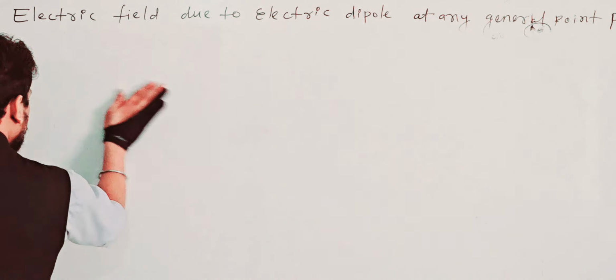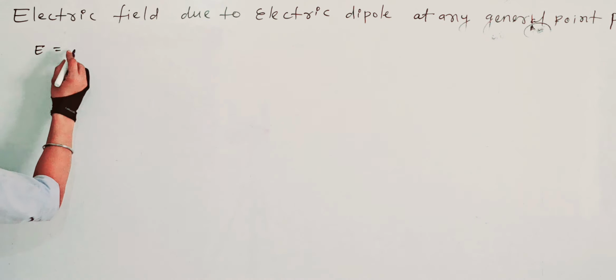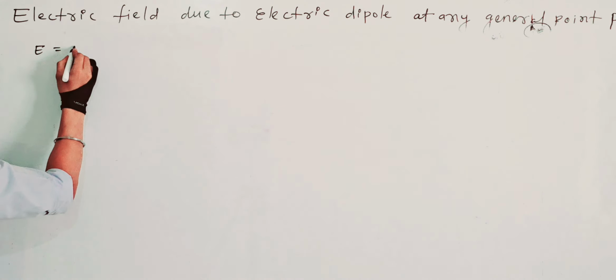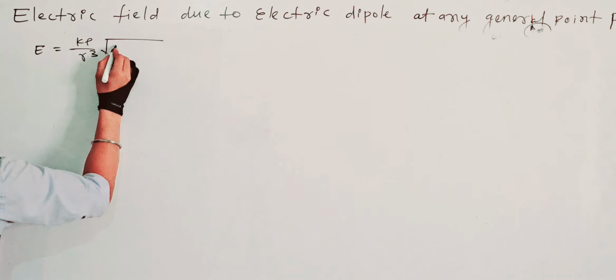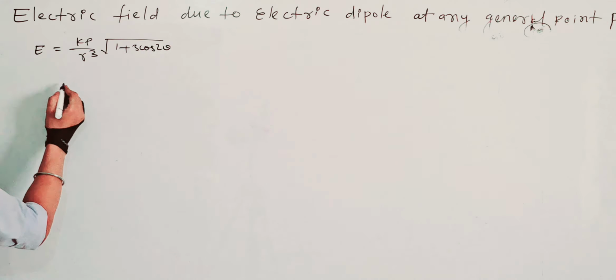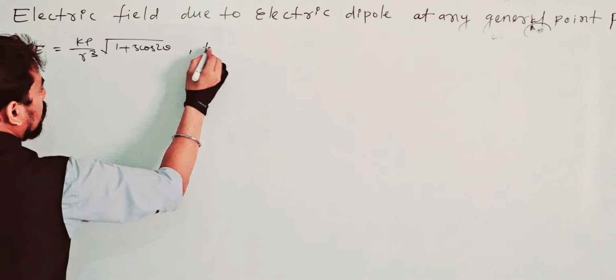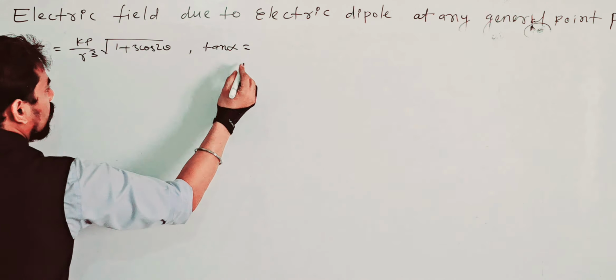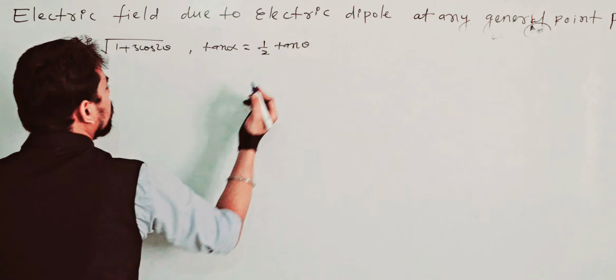Now we have E equals kp by r cube under root 1 plus 3 cos square theta, and tan alpha equals 1 by 2 tan theta.